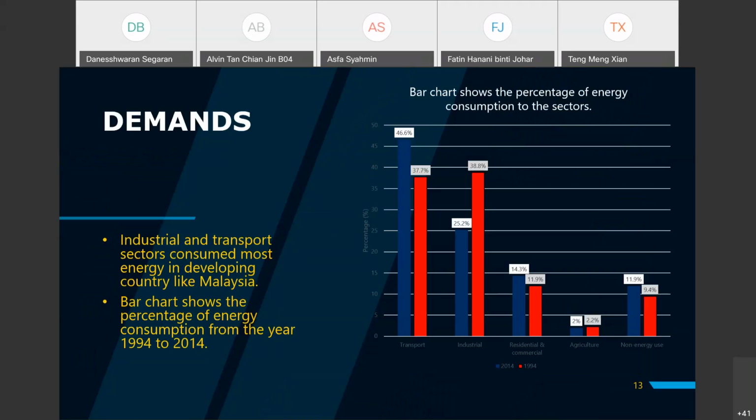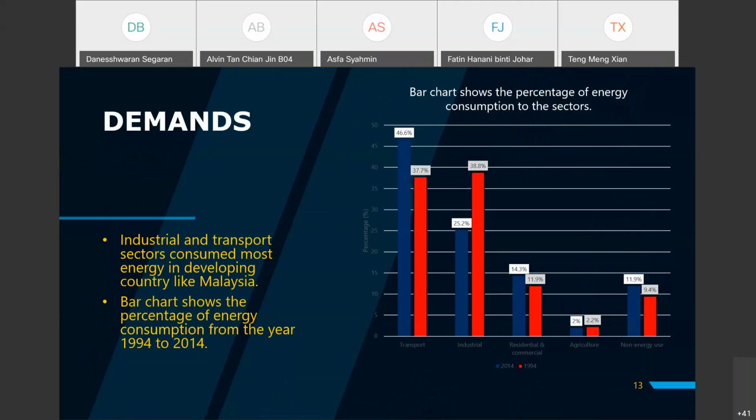Next, we'll look into the demands of energy policy, comparing the year 1994 to 2014. So, as we know, Malaysia is a developing country. So, as a developing country, the need for industrial and transport to consume more energy is also right.